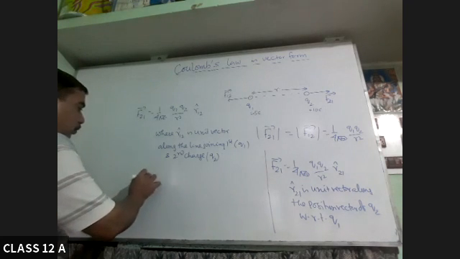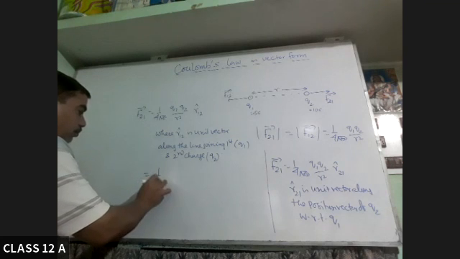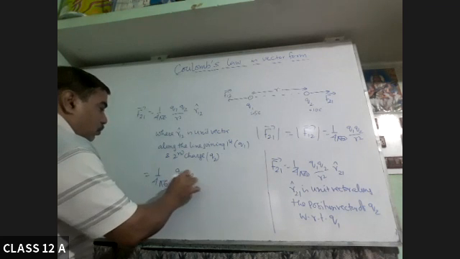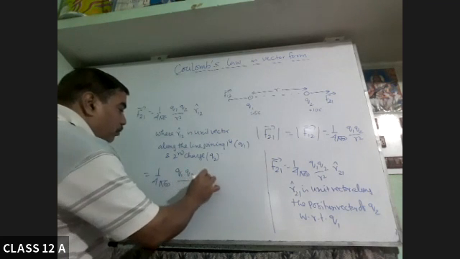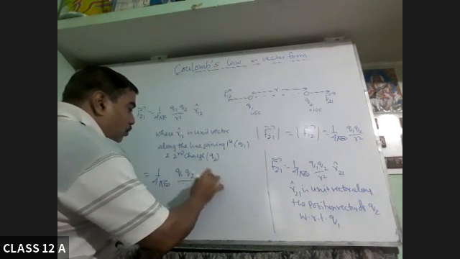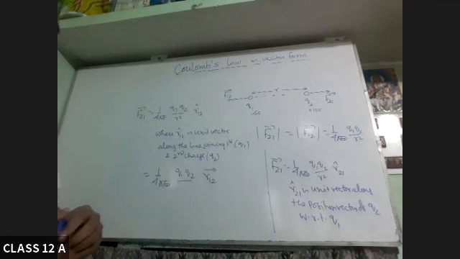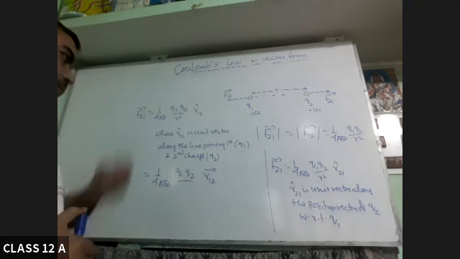Now suppose we want to write 1 by 4 pi epsilon naught Q1 Q2 over, and we want the R12 vector, not the unit vector. Then what will be?